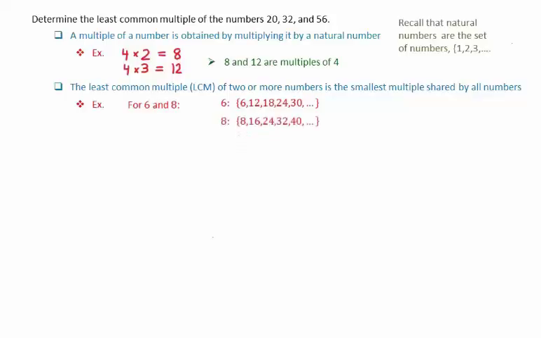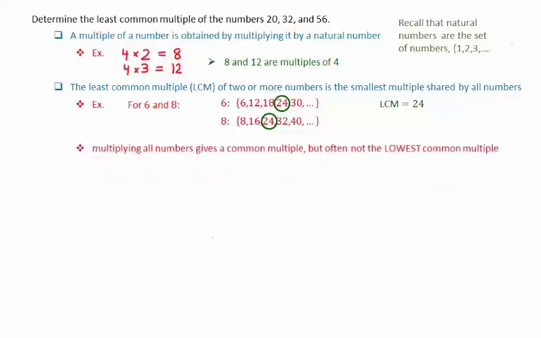For 8, the multiples are 8, 16, 24, 32, 40, and so on. Note that the first one that we come to that is common is 24. We can then say that the least common multiple for 6 and 8 is 24.